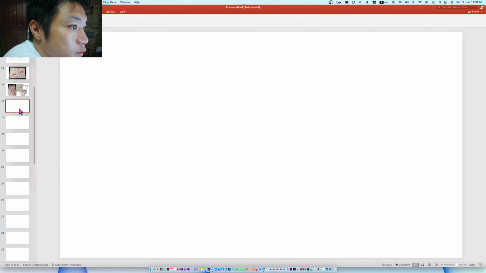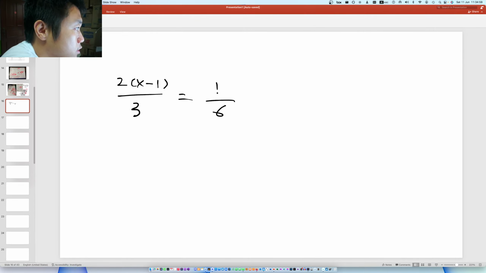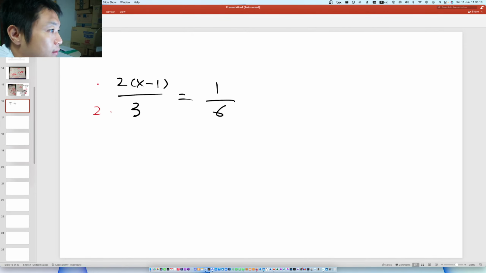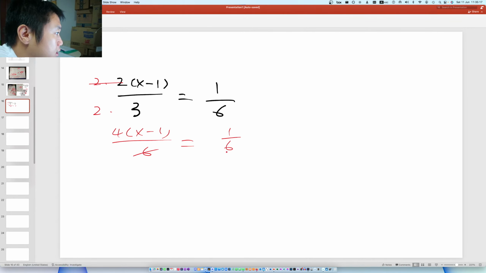I see that you like to use this method. What is this method? You like to make the denominator the same. So let's say for this question, you make the denominator the same. So this is 4, and this is 6, and then 106, and you like to delete the denominator on both sides, right?